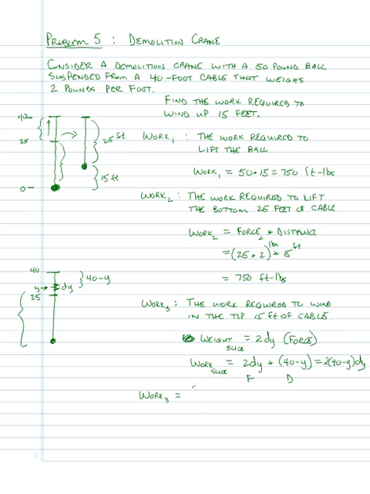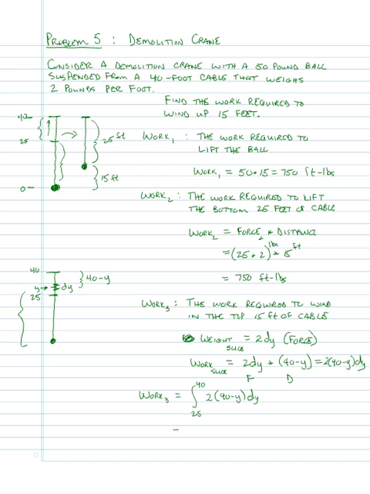Okay, so work 3 is going to be the integral from 25 to 40, because all of these y's, all these locations on that part of the cable, start at the 25-foot level and go to the 40-foot level. And we're going to add up all the incremental small work pieces, which were 2 times 40 minus y dy.